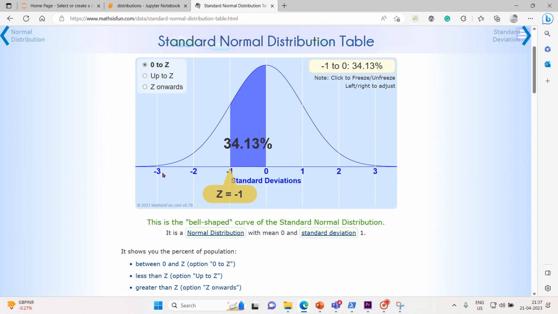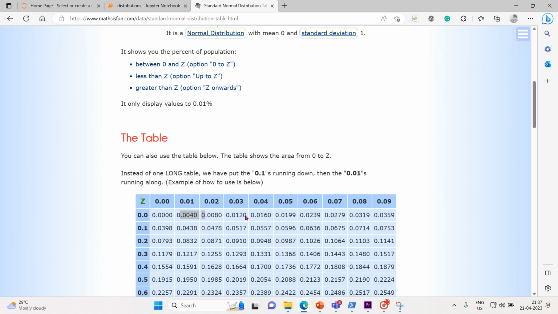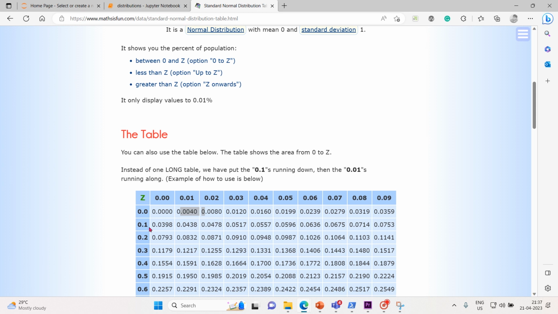These are no more standard deviations, these are Z scores. This is Z score 0, this is Z score 1, this is Z score -1, this is Z score -2, and Z score -3.